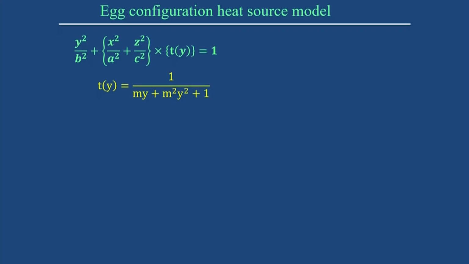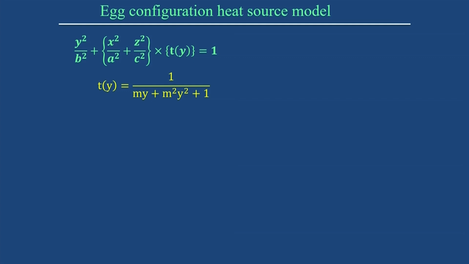There is another type of heat source, called the egg configuration heat source model. Here you can see the equation: when we develop the ellipsoidal heat source model we use this equation, but if we multiply by a factor T(y), any functional form, we can modify the equation in a different way.